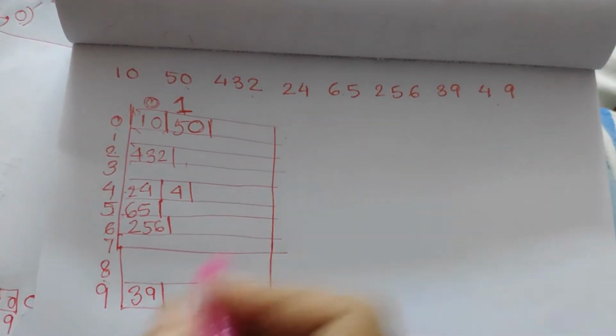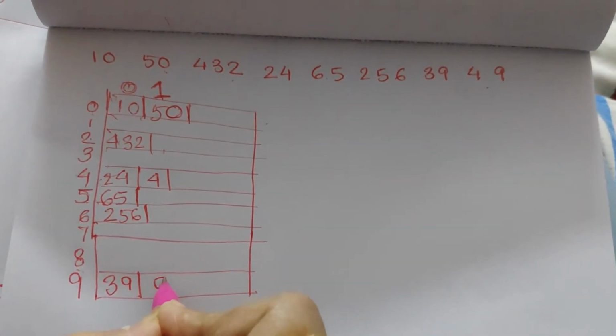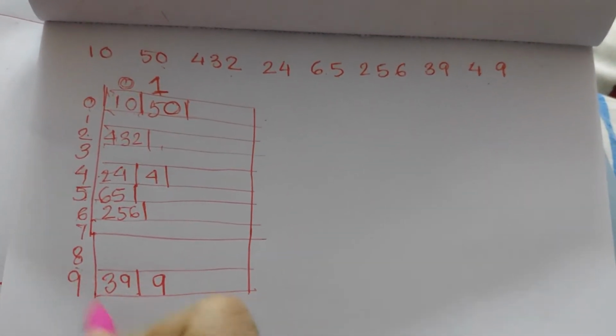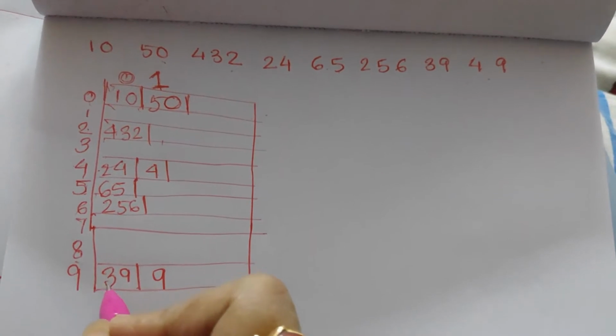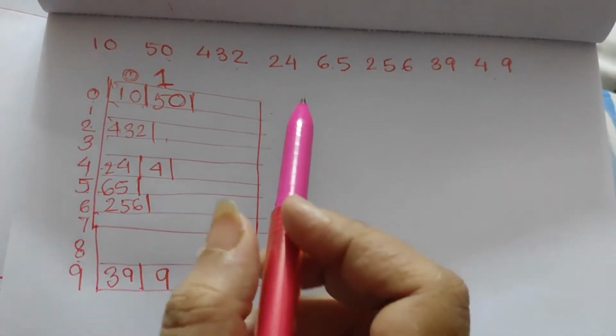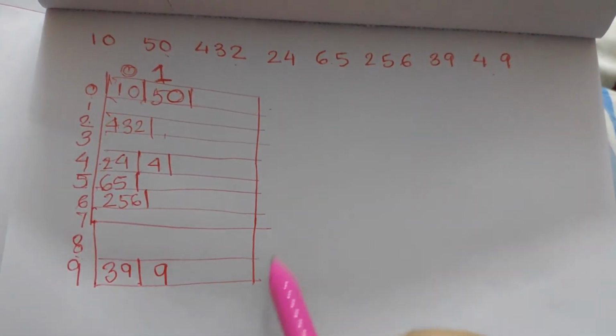Then there is 9, which will again come to the row which has got 9 as the row number. Correct?